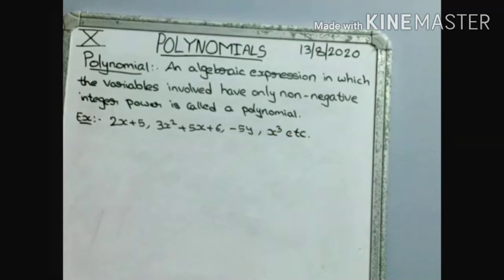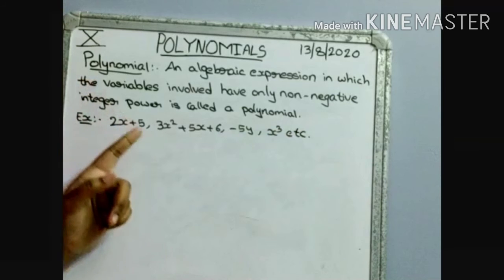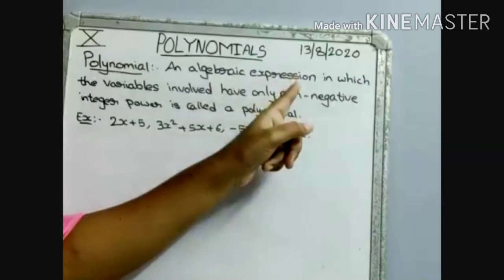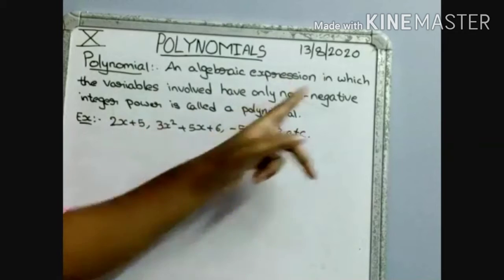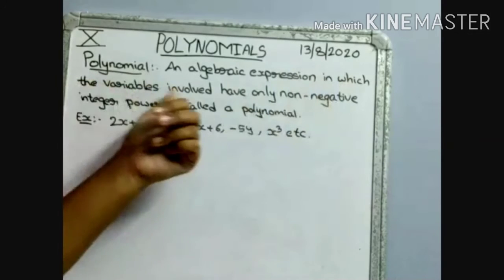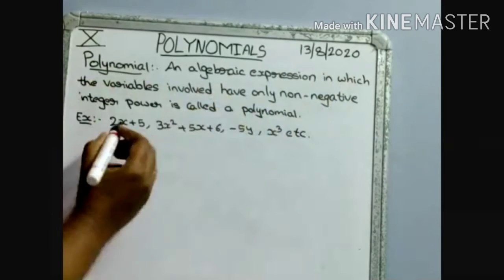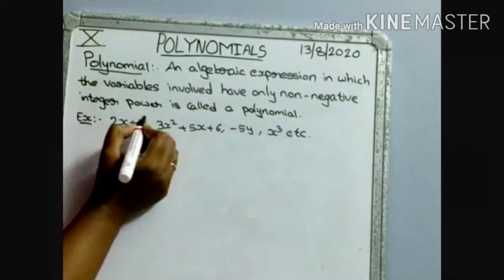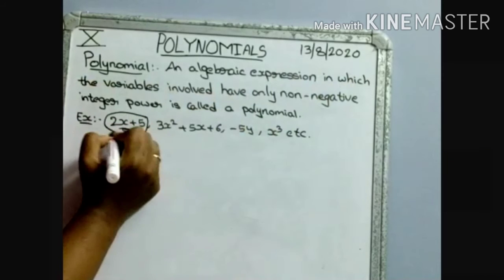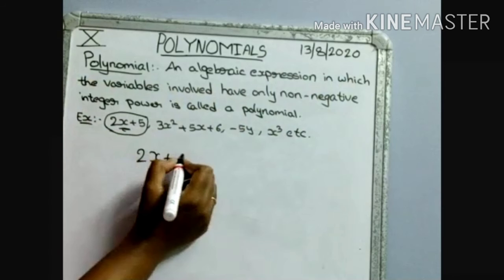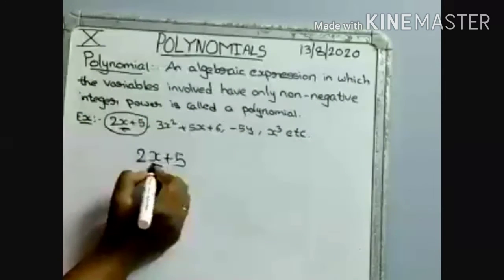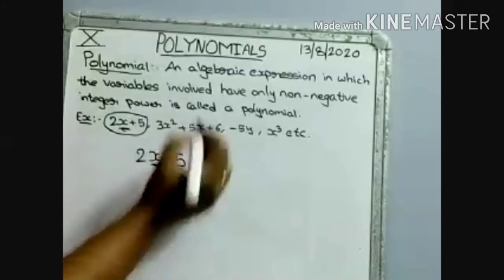What is meant by polynomial? An algebraic expression. See, this is the algebraic expression. An algebraic expression in which the variables involved have... Here the variable is there. This is the variable, and the total is the algebraic expression. So 2x plus 5 is the algebraic expression. In that, x is the variable.